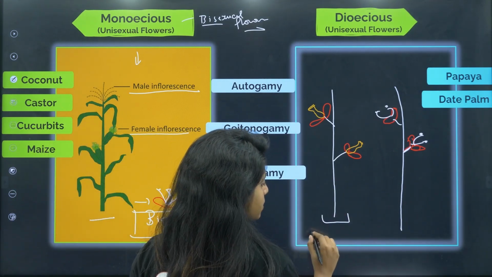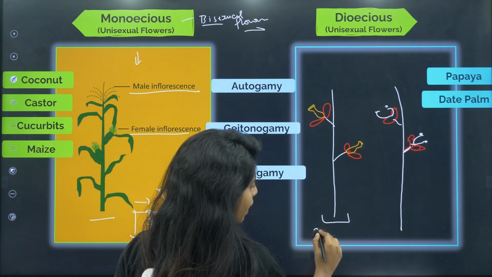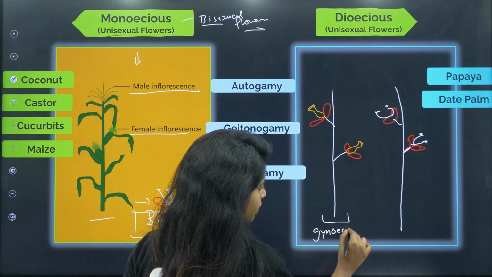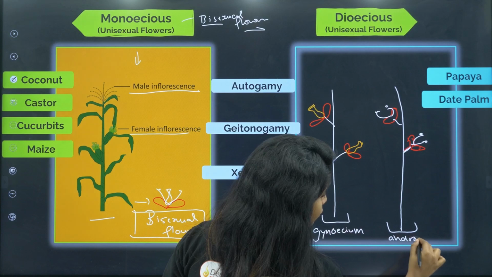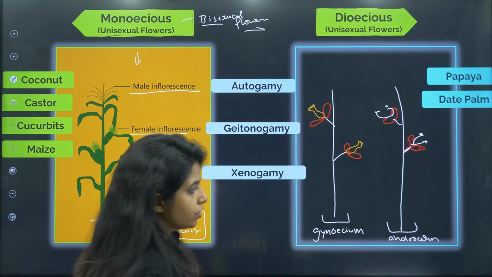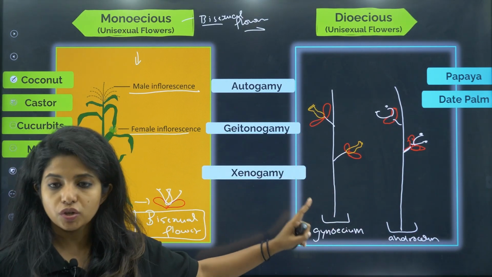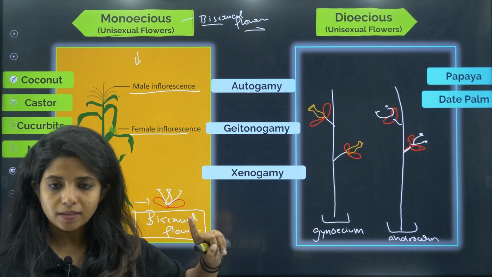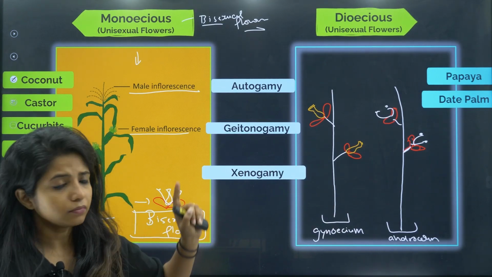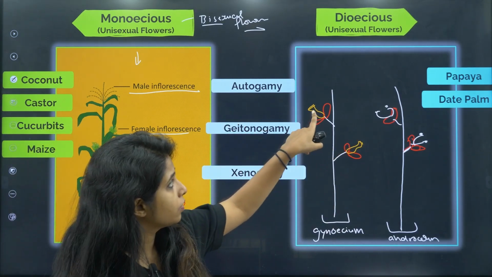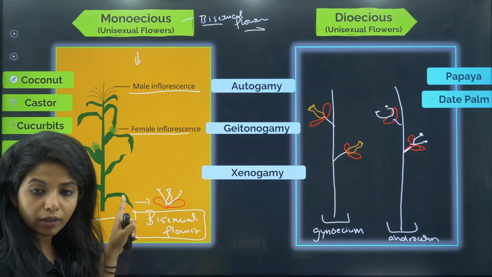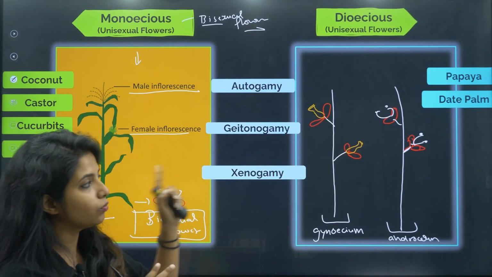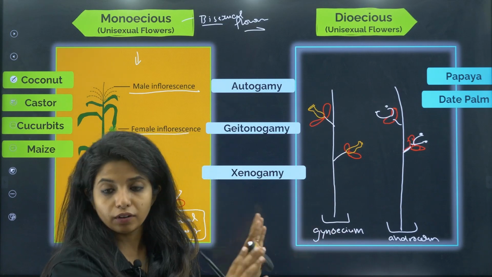This will have one sex, that is over here they have just the gynoecium, that is the female part, and over here they just have the androecium, that is the male part. So, this is what you mean by dioecious, two plants for different sexes. And as you can see, they are all unisexual. Do you see multiple sex over here? No, there is only one sex.